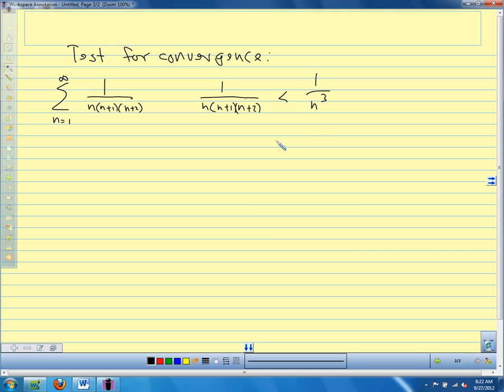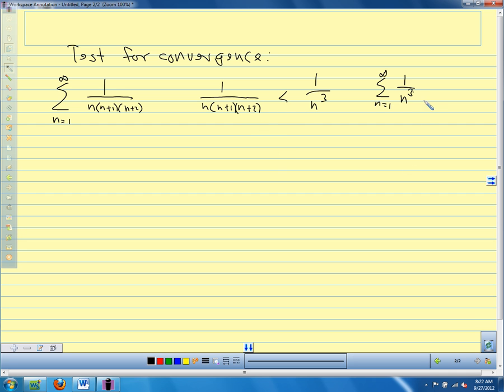And the sum, n equals 1 to infinity of 1 over n to the third is what? We're dividing by a bigger number. Our denominator is going to be bigger here, so our fraction is less, right?